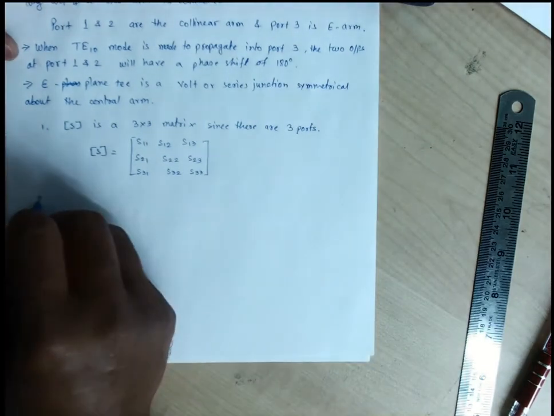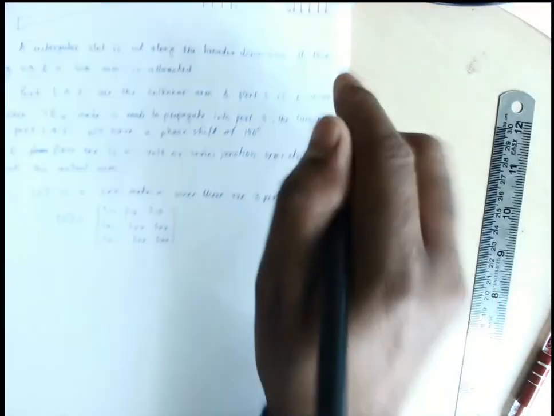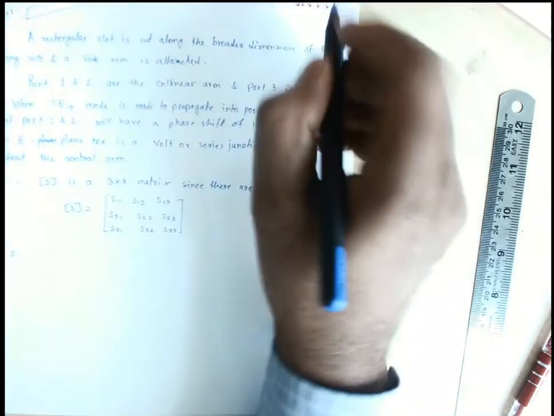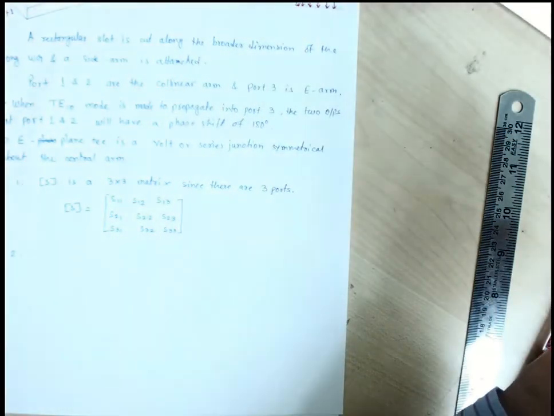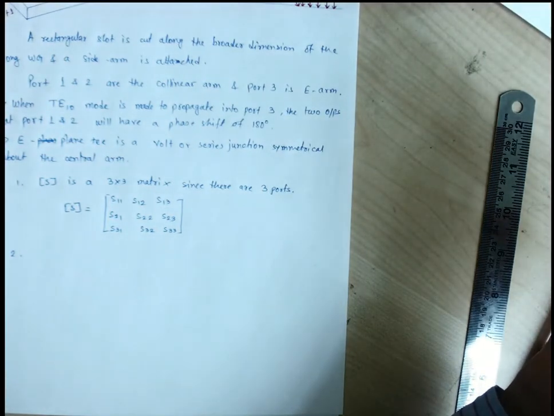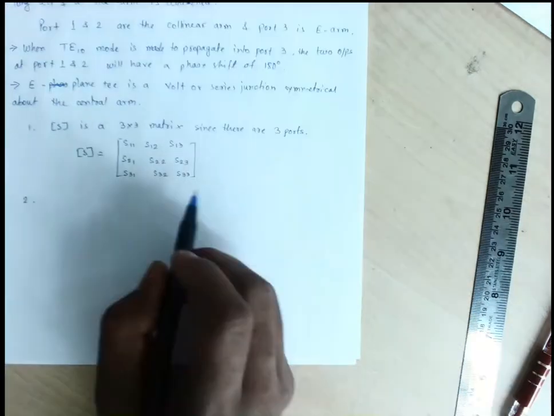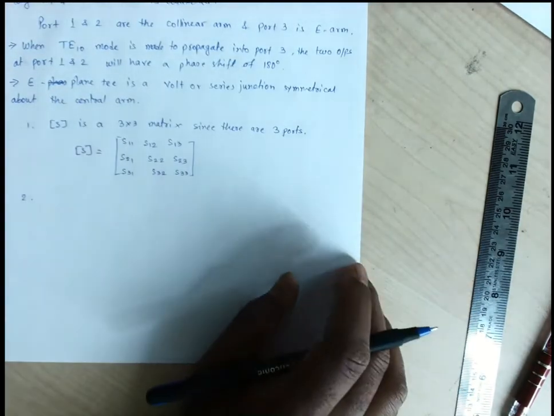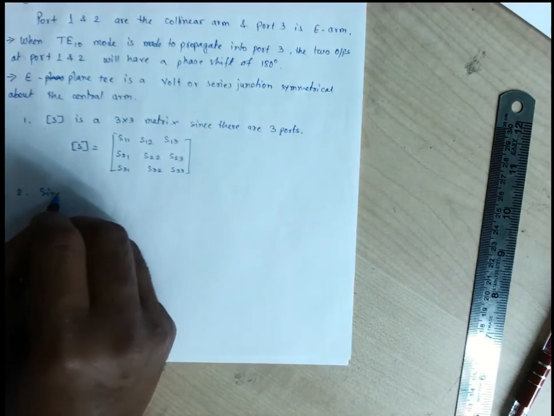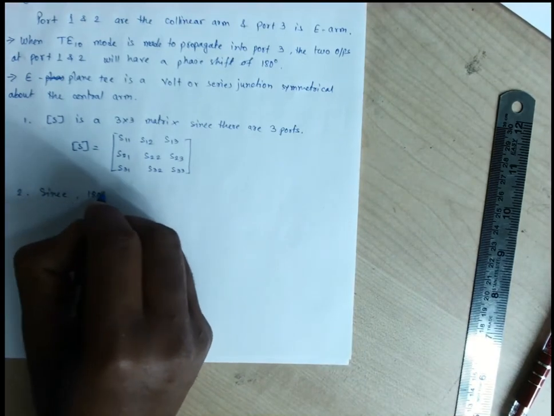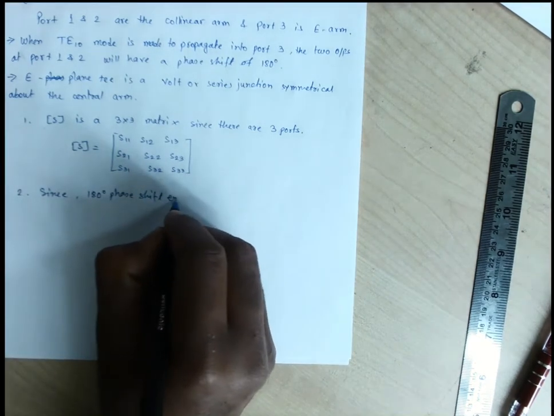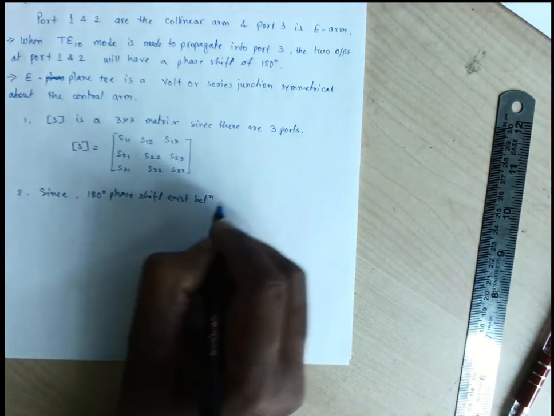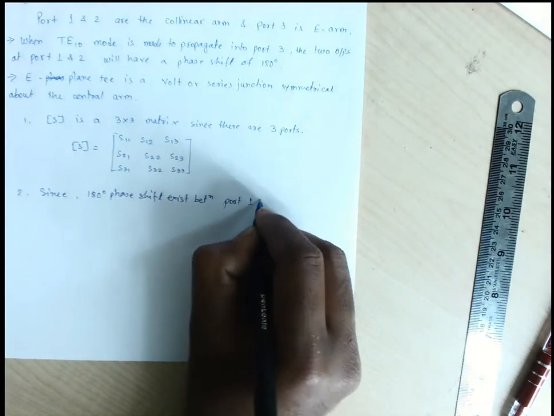Now as we said that there is a phase change of 180 degrees, so what we can say is that S of 2 3 is equal to minus of S of 1 3, since 180 degree phase shift exists between port 1 and 2.